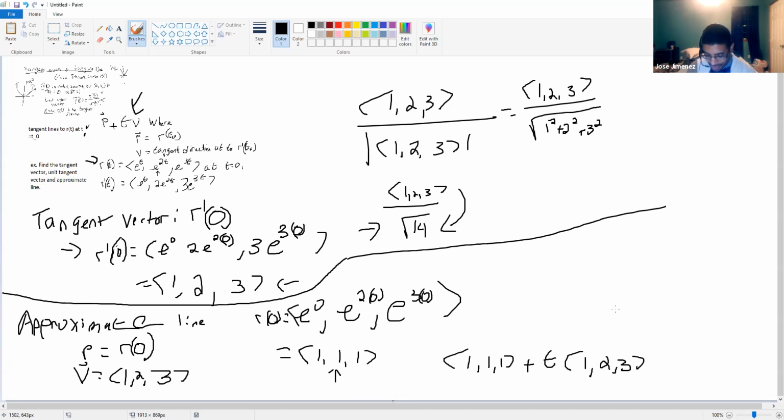If we want to parameterize that, therefore, L, which is a line, is going to be 1 plus t, comma, 1 plus 2t, comma, 1 plus 3t, in vectorized form.